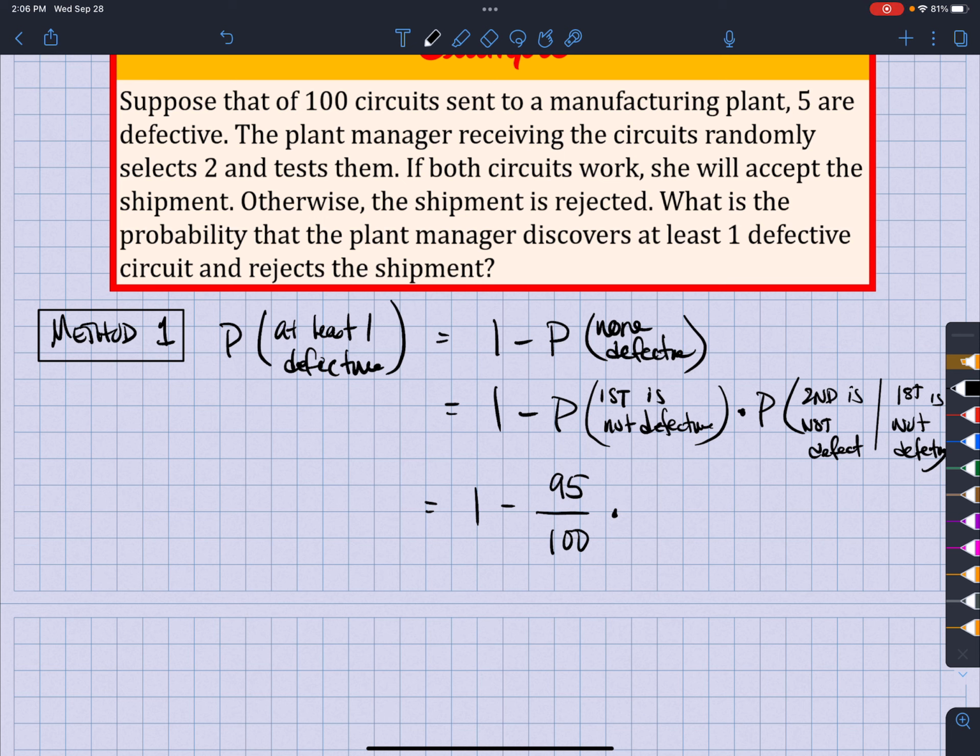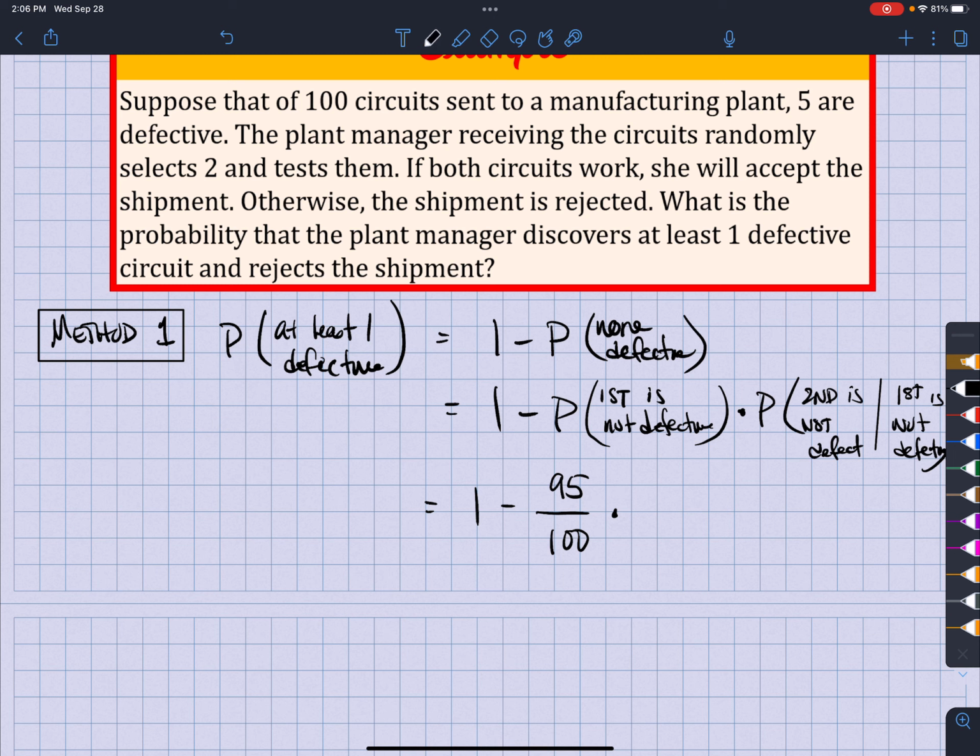So if you picked one, the first one is not defective, there is still 5 of them that are defective, right? So if there's 100 of them, you picked one, there's down to 99. Your first one was not defective, so you did not choose one of these 5 that are. So there's still 5 defective ones in there, right?